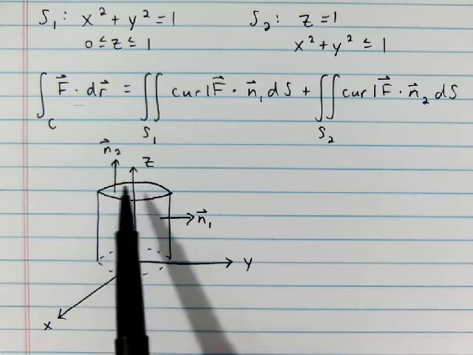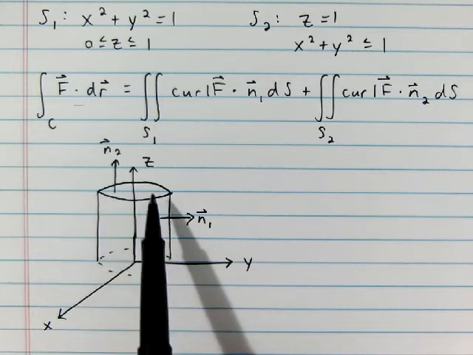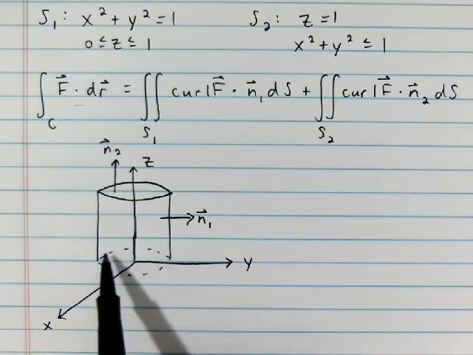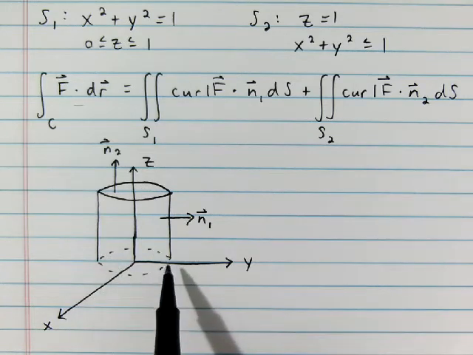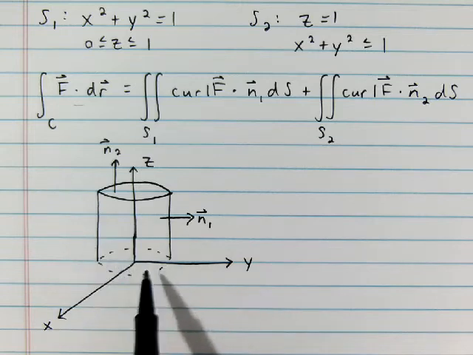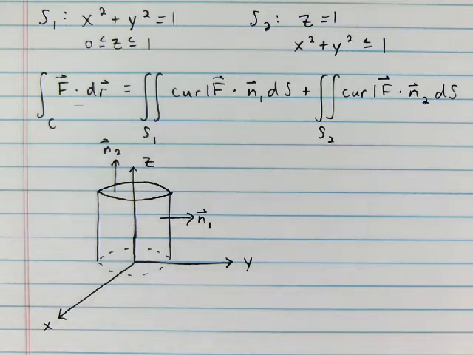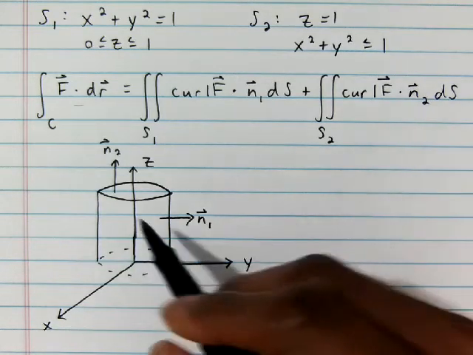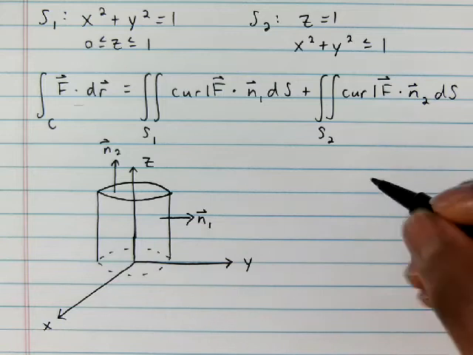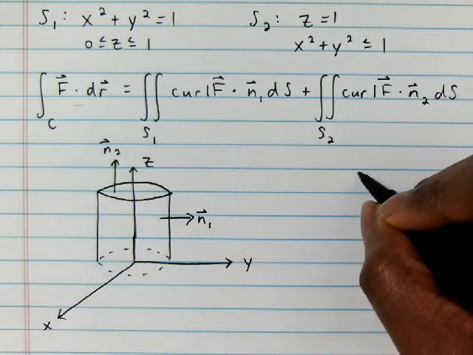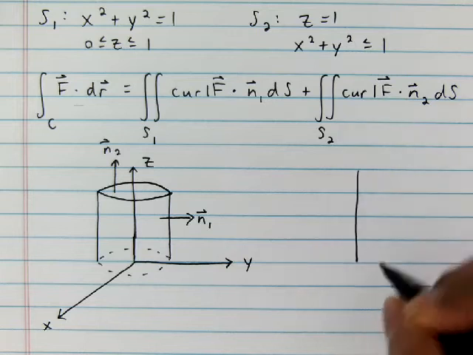The cylinder with the plane is one unified surface, and then that dotted line down there at the bottom becomes the boundary curve. So if this is our entire surface, the boundary curve really is that little circle right there in the XY plane. So we can say, well, we had this surface here, but let's instead just work with a surface S. We're going to make that surface S.